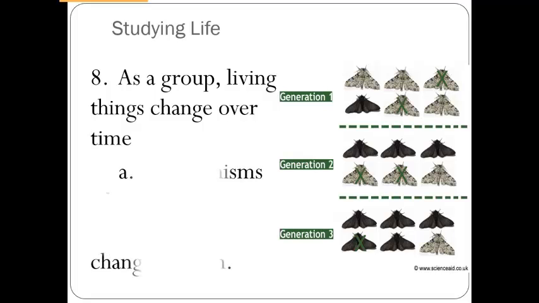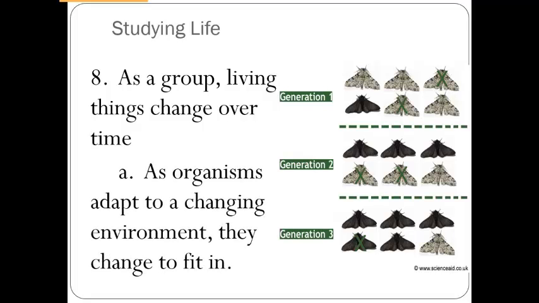But anyway, as a group, you have to adapt to your changing environment. You might have to adapt to changing temperatures or to a different pH in the soil from one year to the next. So as living things, we have to meet all of these 8 characteristics in order to be considered by a scientist as a living thing.